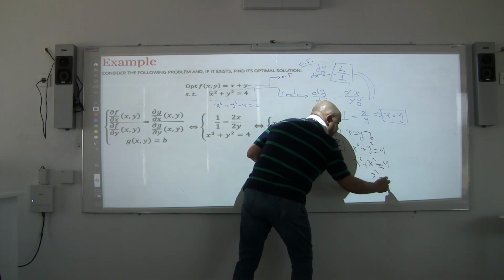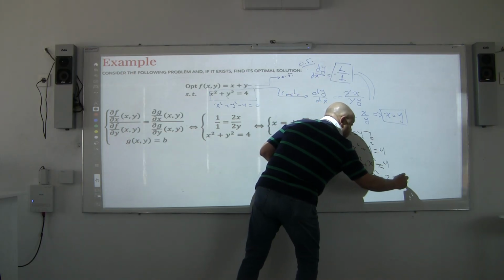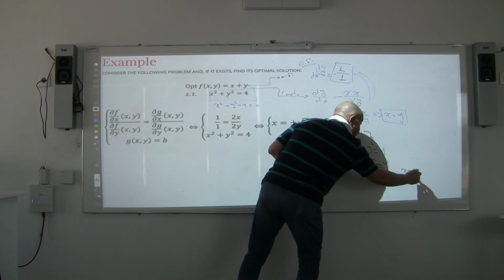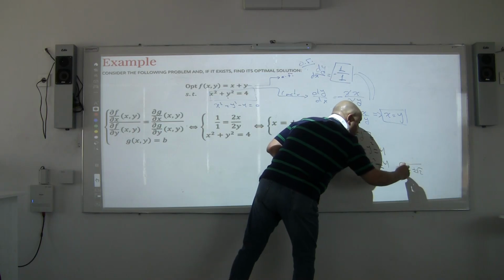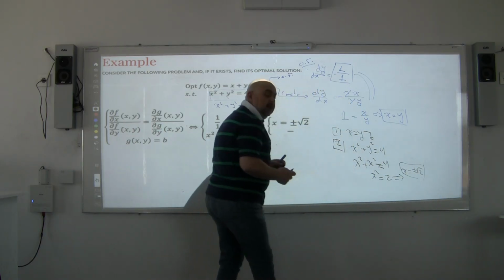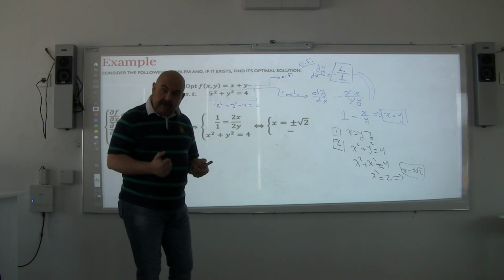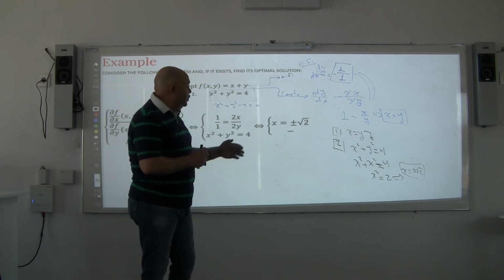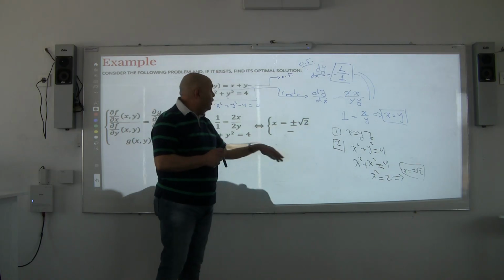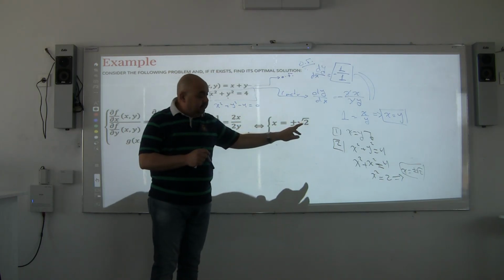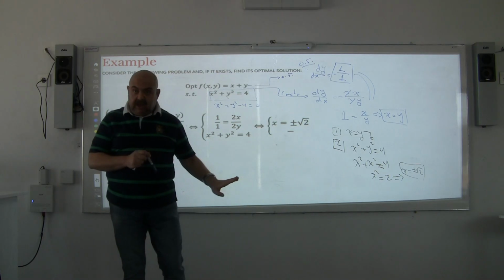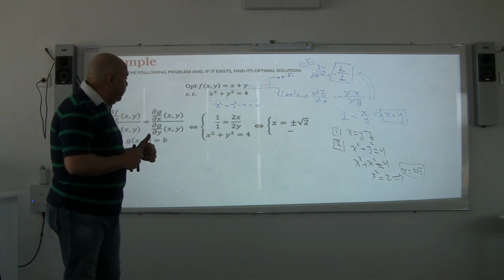That's x squared equal to 2, which gives x equal to positive or negative root 2. Using this, I can also get y, which is positive or negative root 2, exactly the same. Now I have the optimality point.